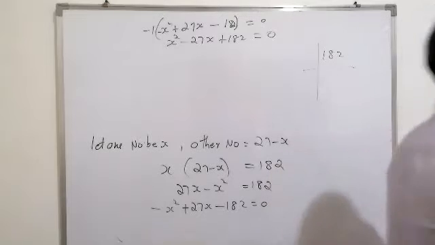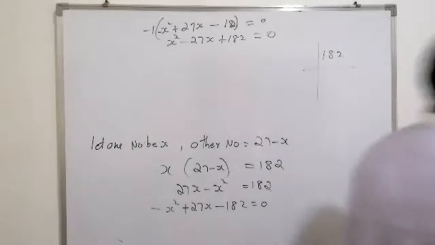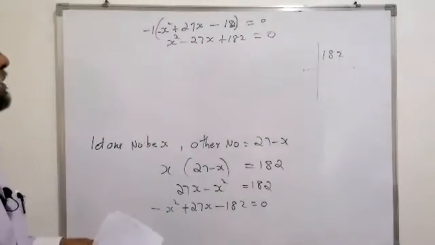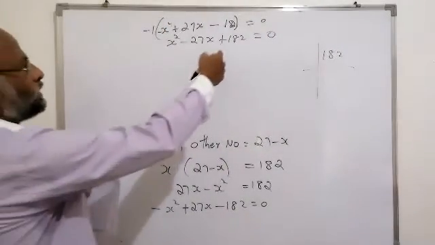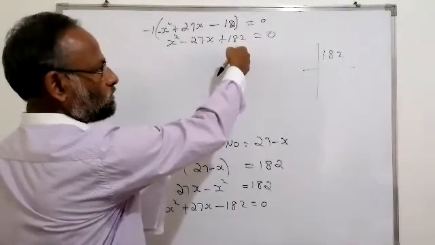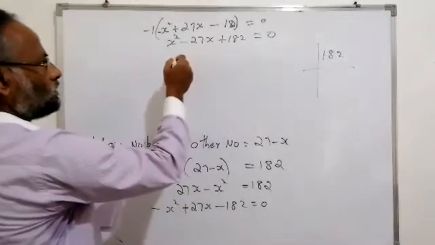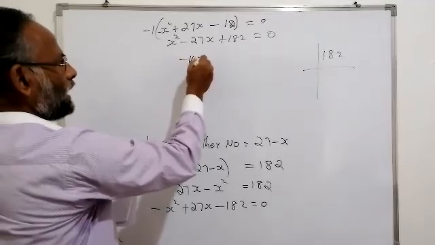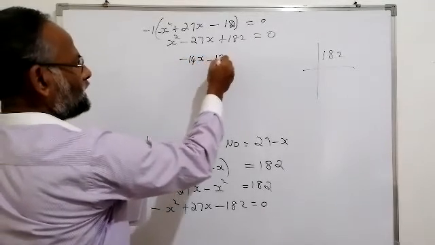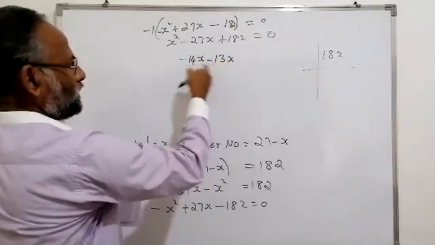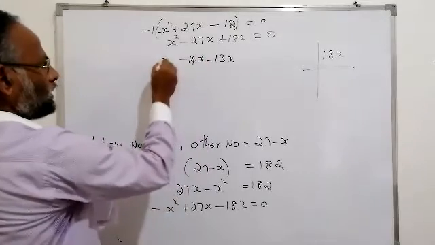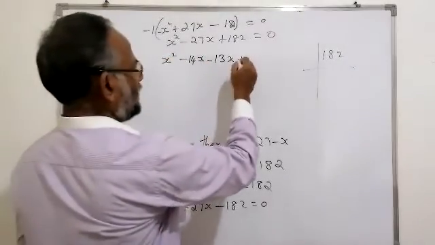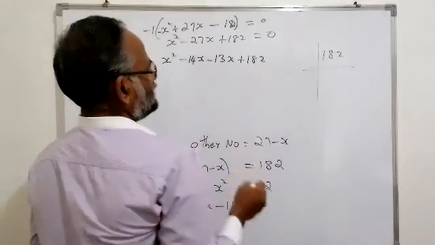Okay, split the middle term. Here, both are on the same side. Now, 14x minus 13x. 14 plus 13 is 27. So, x square minus 14x minus 13x plus 182 is equal to 0.